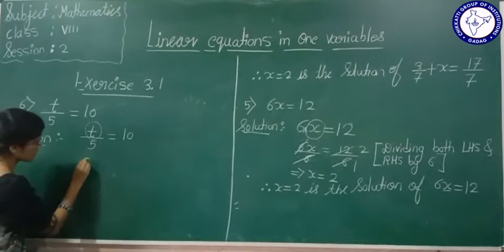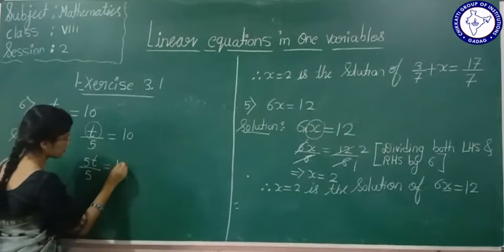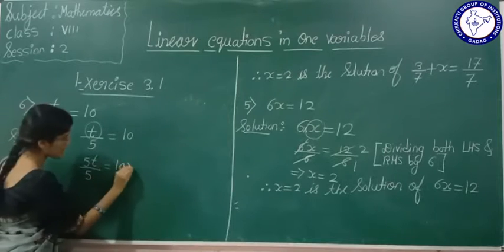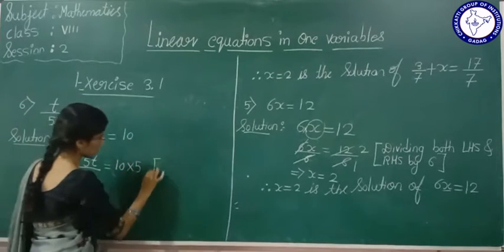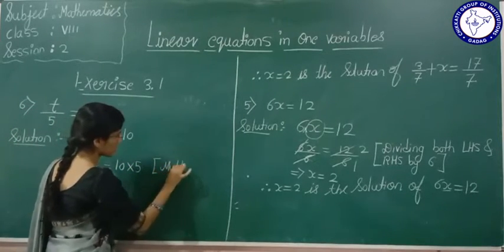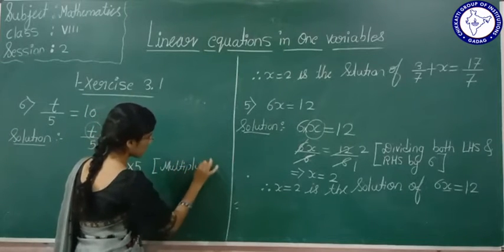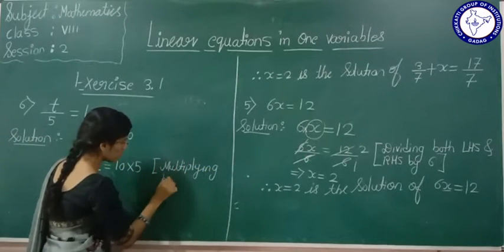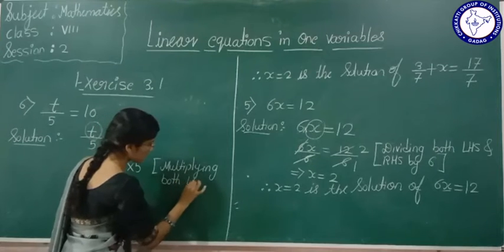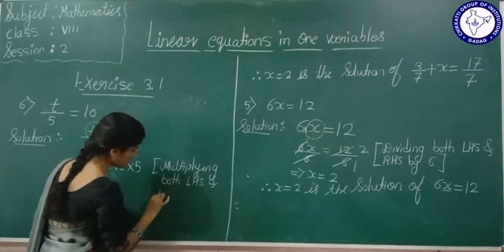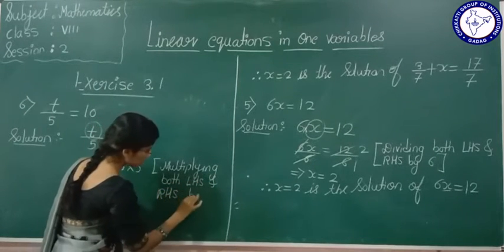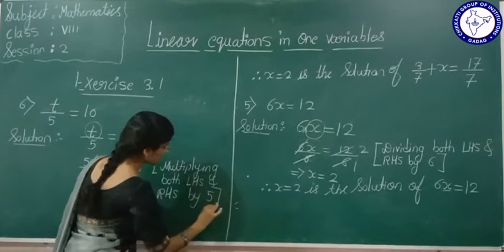Right? See here. Multiply both LHS and RHS by 5. What will we write? Multiplying both LHS and RHS by 5.